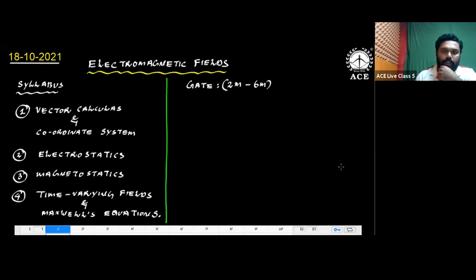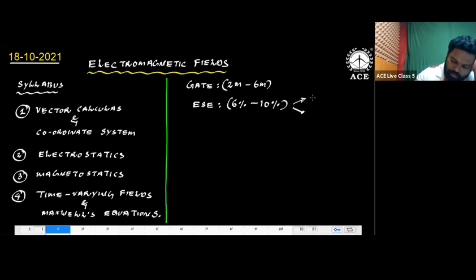And in the engineering service exam, 6% to 10% of the questions will be asked in the prelims as well as the mains.